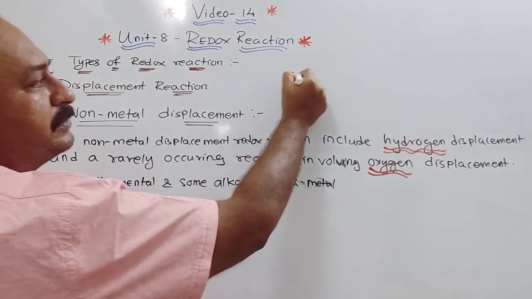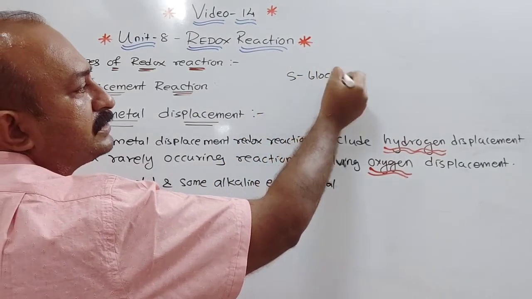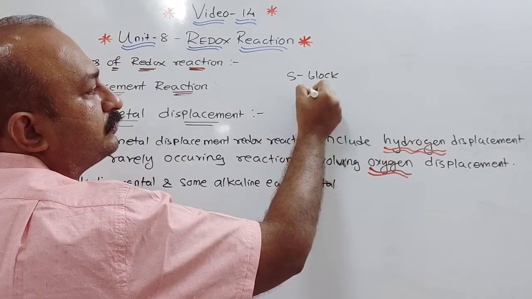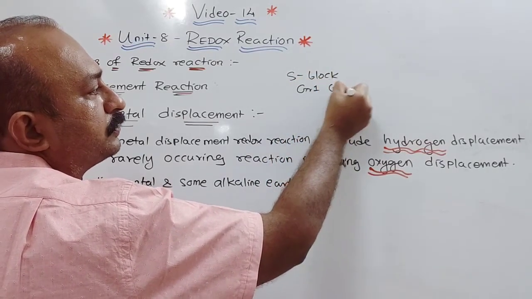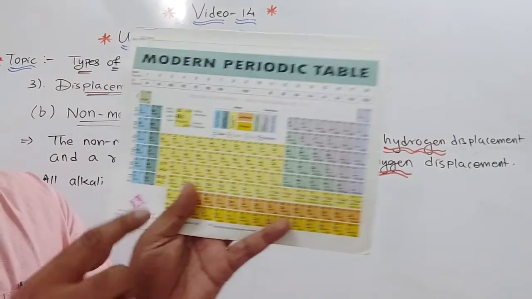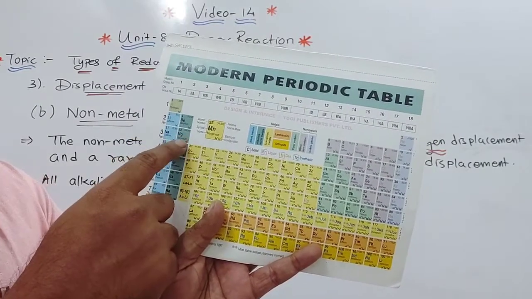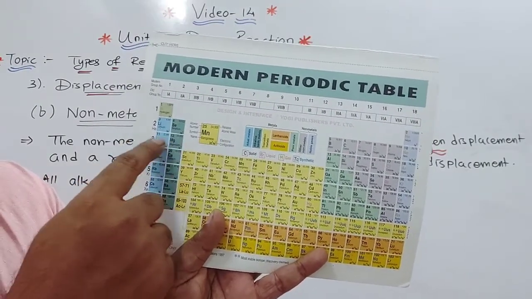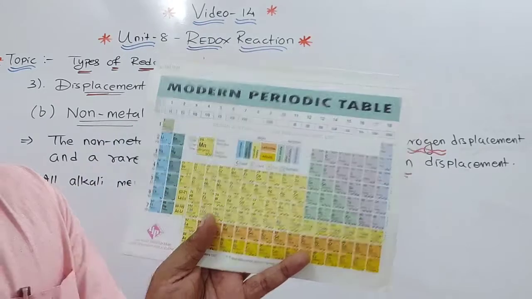These are s-block elements, that is group 1 and group 2 in your periodic table. You can see this one. So these are the alkali metals and alkaline earth metals, group 1 and group 2. This is all we are talking about.